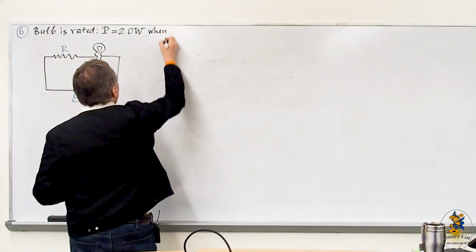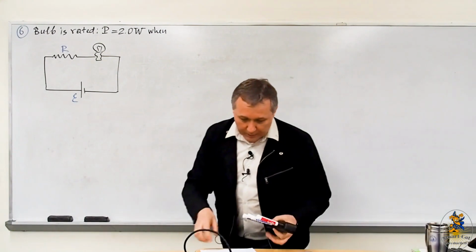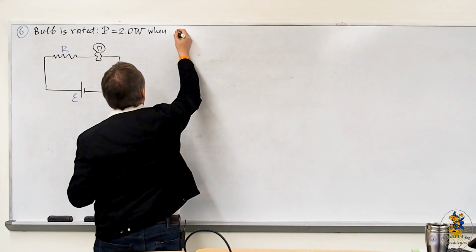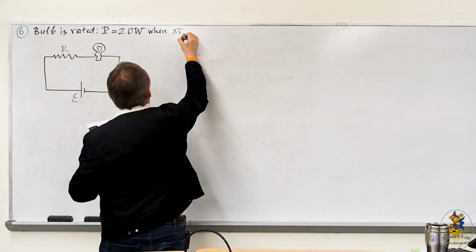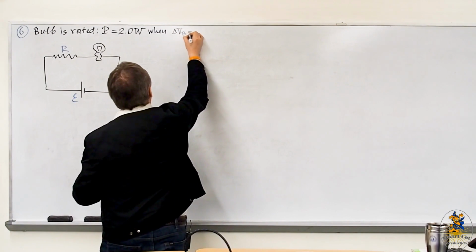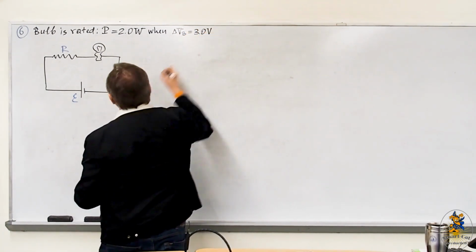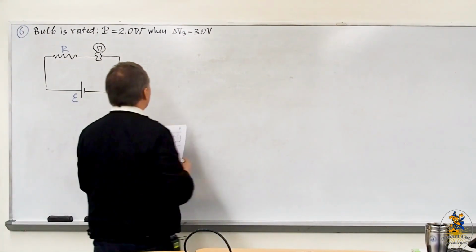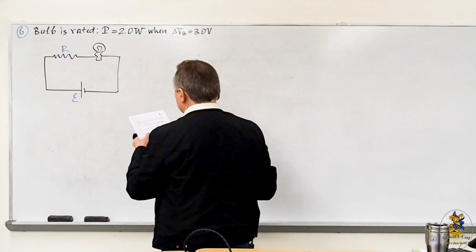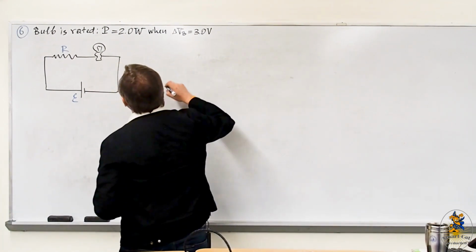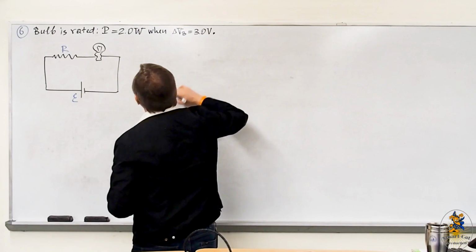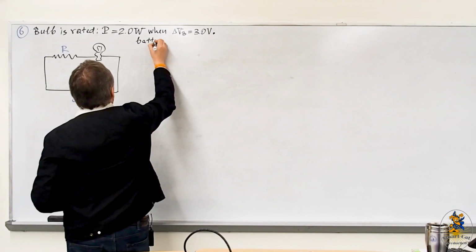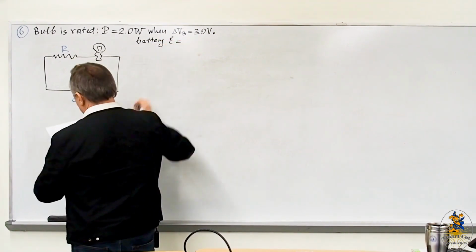It's a flashlight bulb, so it's not just a normal bulb. That's the information about the bulb, and now the potential difference of the battery. So the EMF equals 9 volts.